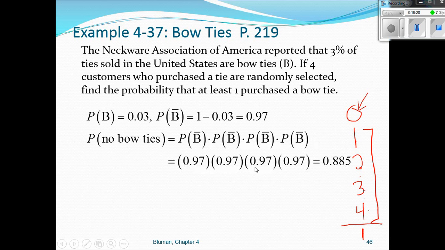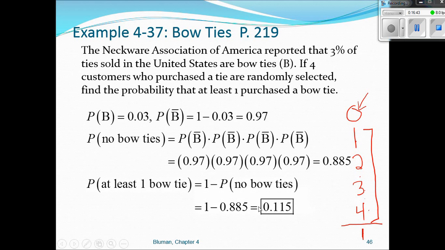So you multiply all those out, and you get 0.885 or 88.5% chance that nobody will purchase a bow tie. So if that's 0.885, all these others added together have to be 1 minus that answer, which is 0.115.